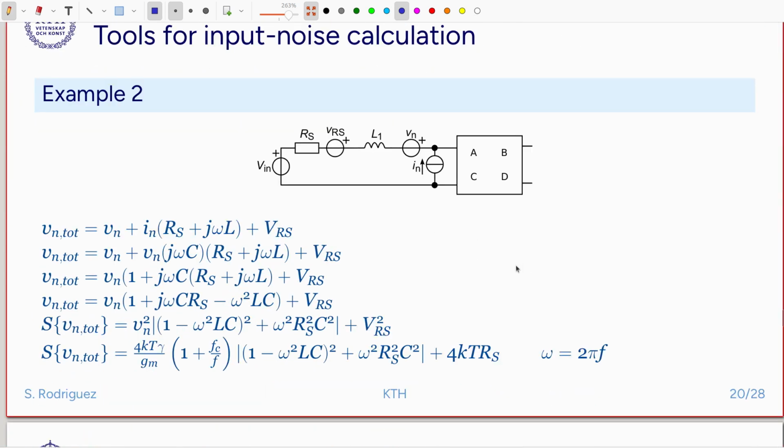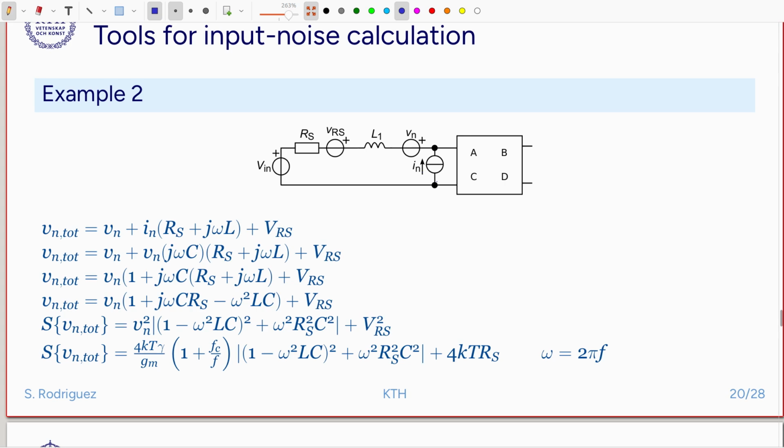So here we have a typical example. We have our amplifier that can be defined with ABCD parameters. It has an input referred voltage noise. This noise is typically coming from the first transistor. We are going to assume that our first transistor is a common source, which is a very good assumption.